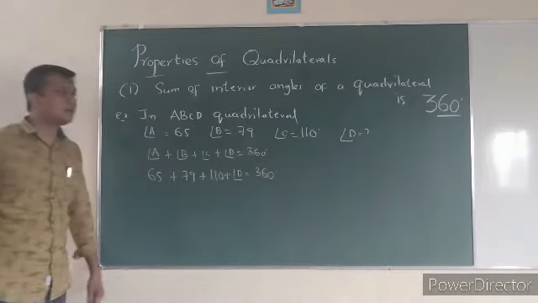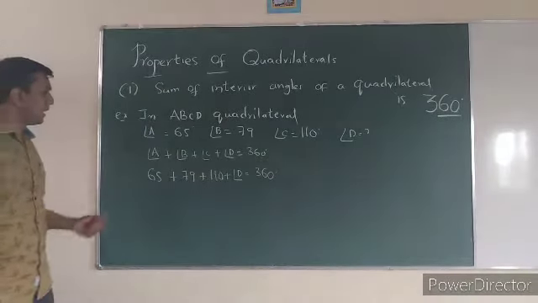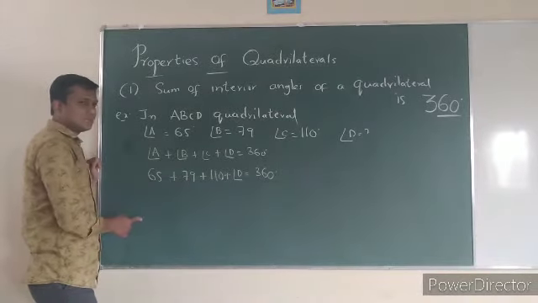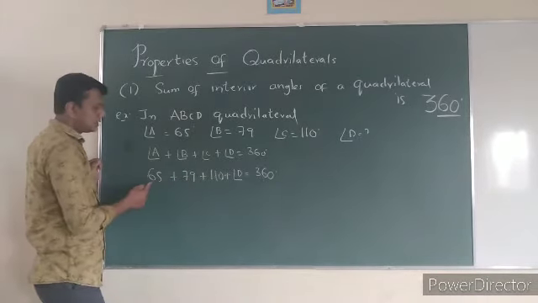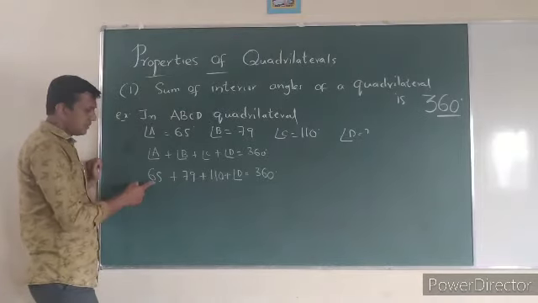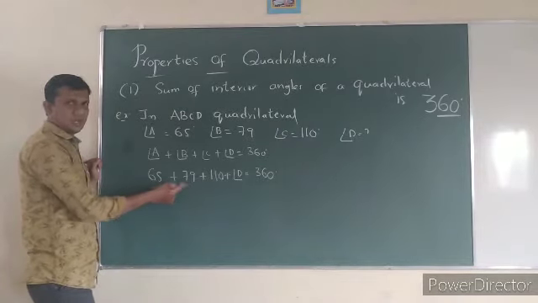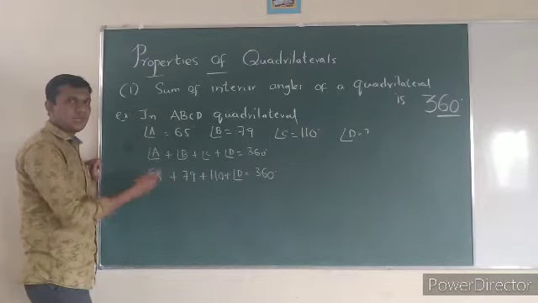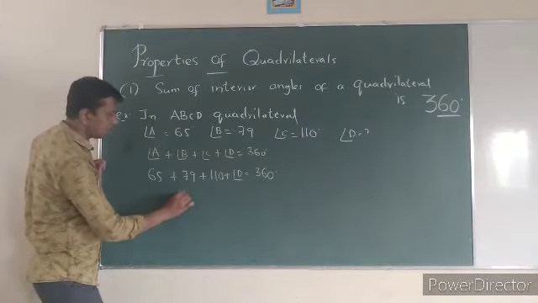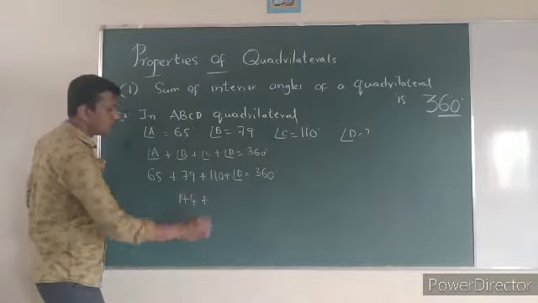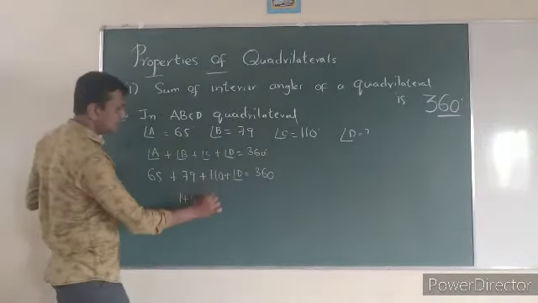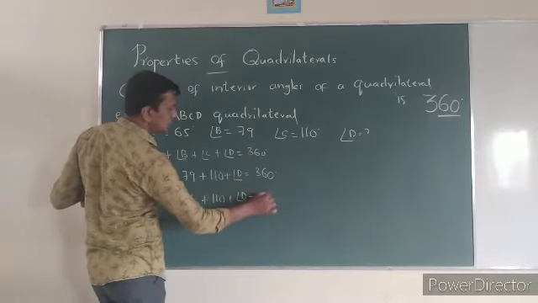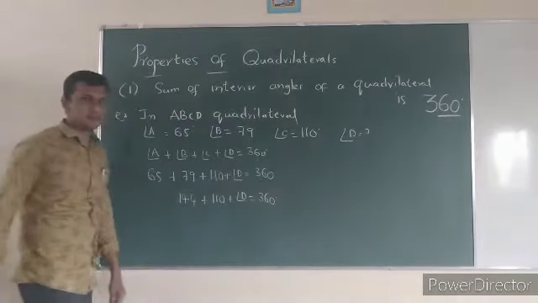Just substitute the values and simplify. 65 plus 79: 60 plus 70 is 130, 5 plus 9 is 14, 130 plus 14 is 144. Plus 110 plus angle D is equal to 360 degrees.